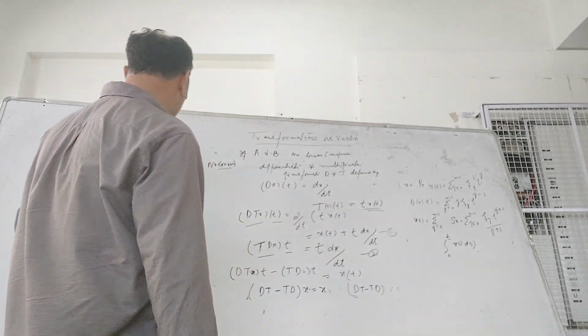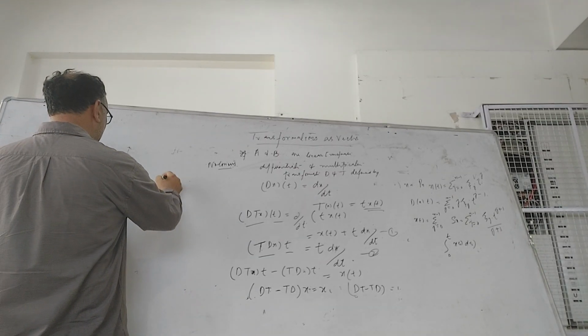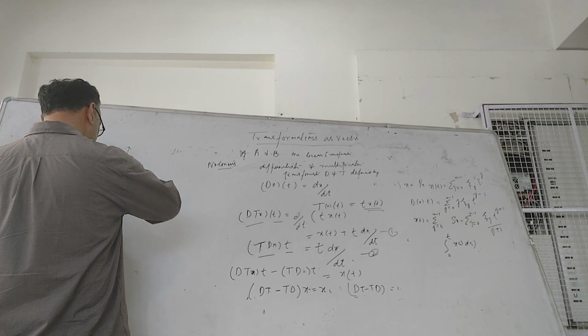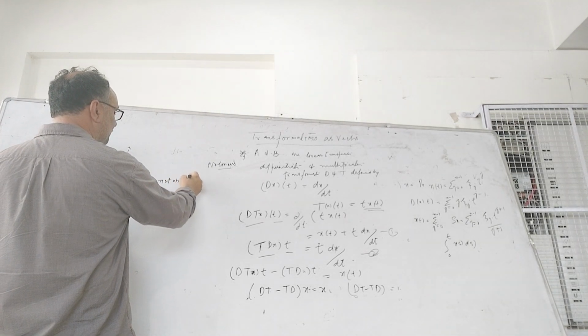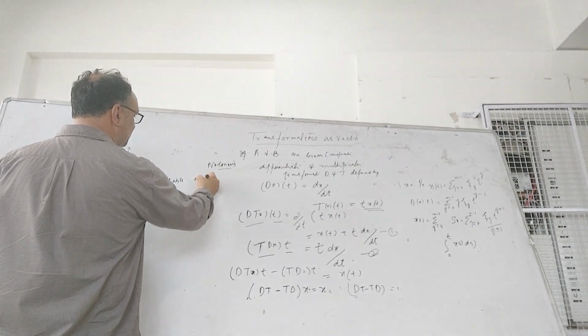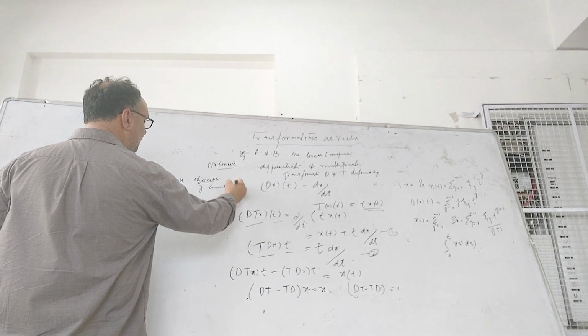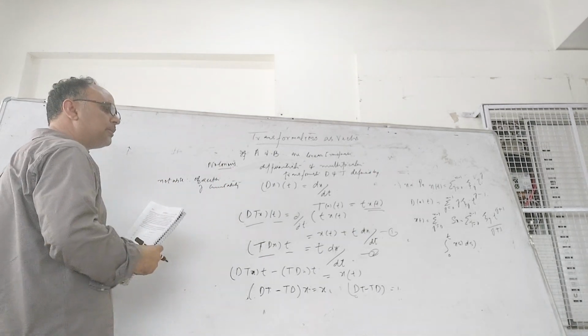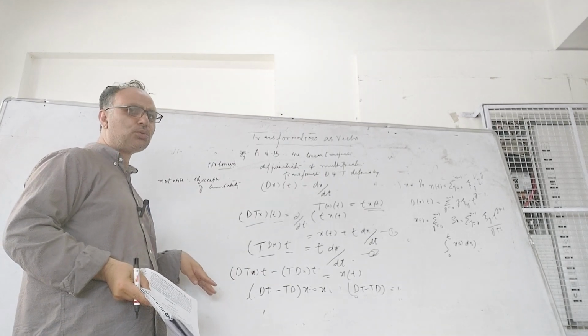And the other algebraic properties you can have: this is a notable exception, commutativity. Apart from commutativity, other properties hold.